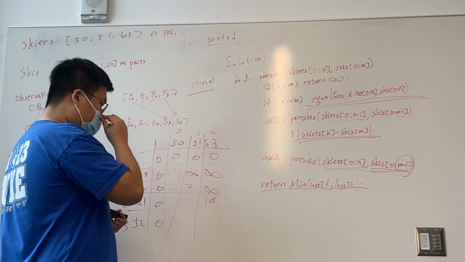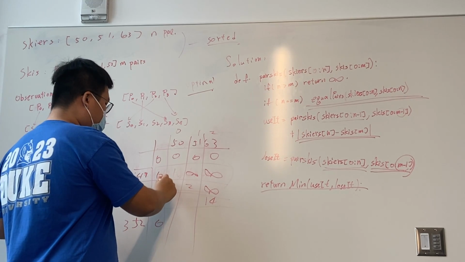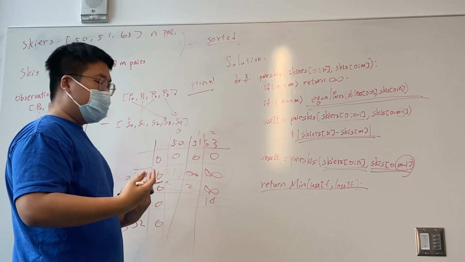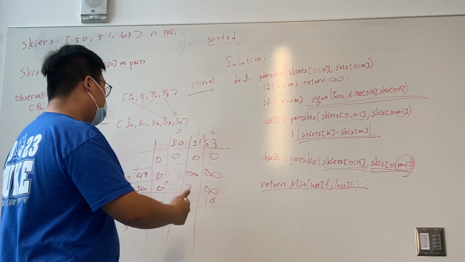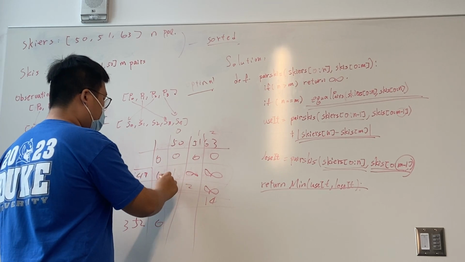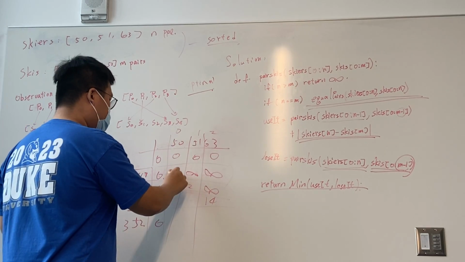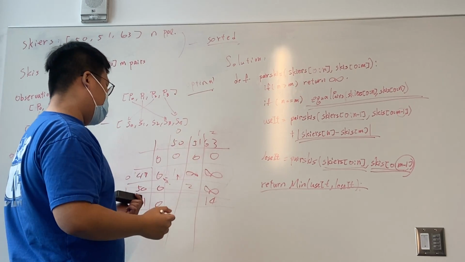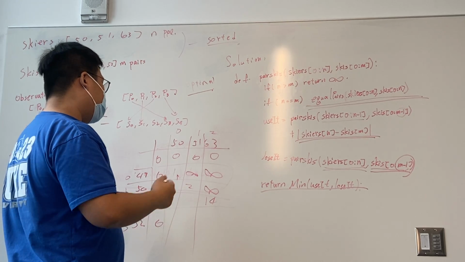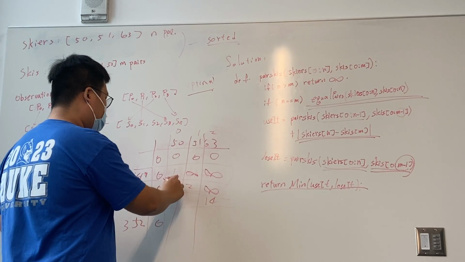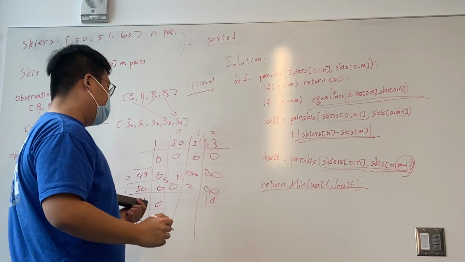So you either use it or lose it. When you use it, you get your result from here plus the disparity, or you lose it, you get your result from here. In this case, the minimum is 0, so 0 plus 0, so the result is still 0.